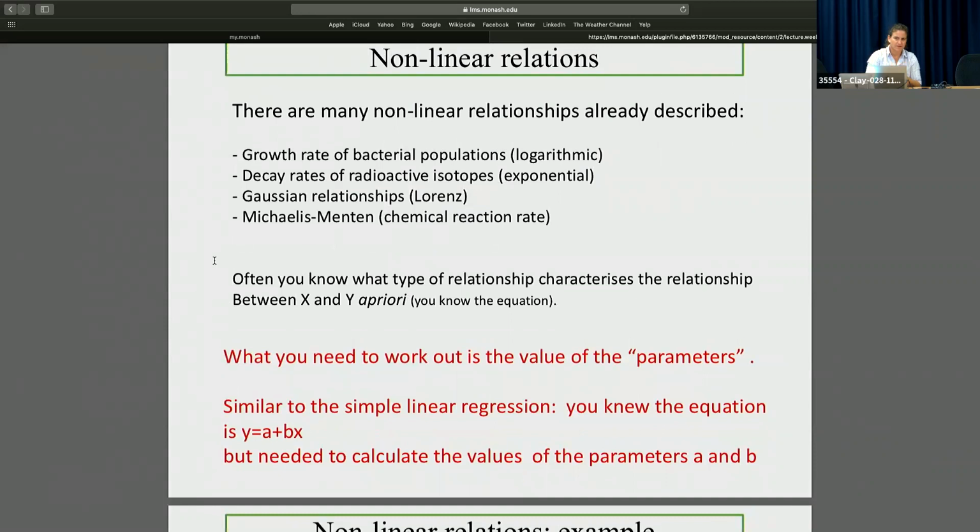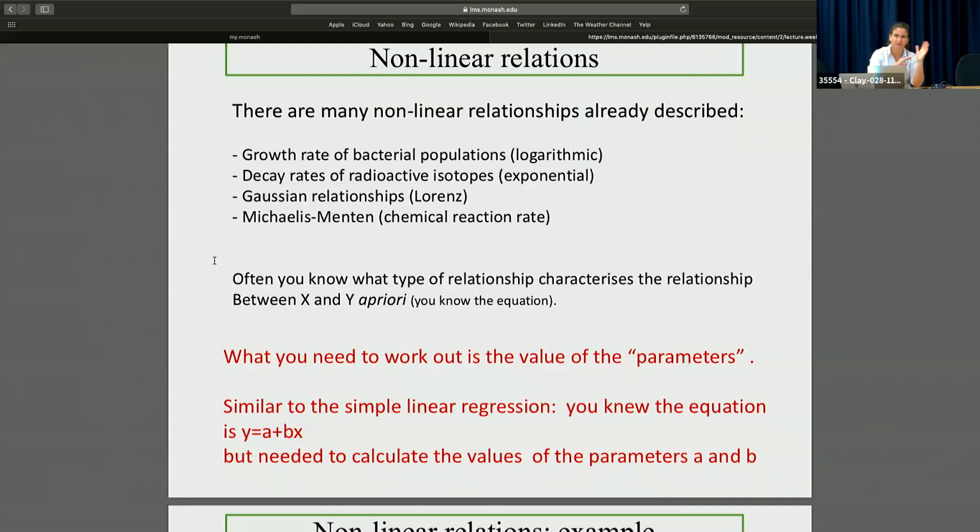So when you have this nonlinear relationship, the same way that we described the linear regression, we knew what the equation is going to be. I know what type of relationship I have. I have a straight line, so it has y equals a plus bx. But what exactly that relationship is, I'll need to calculate the values of the parameters a and b.